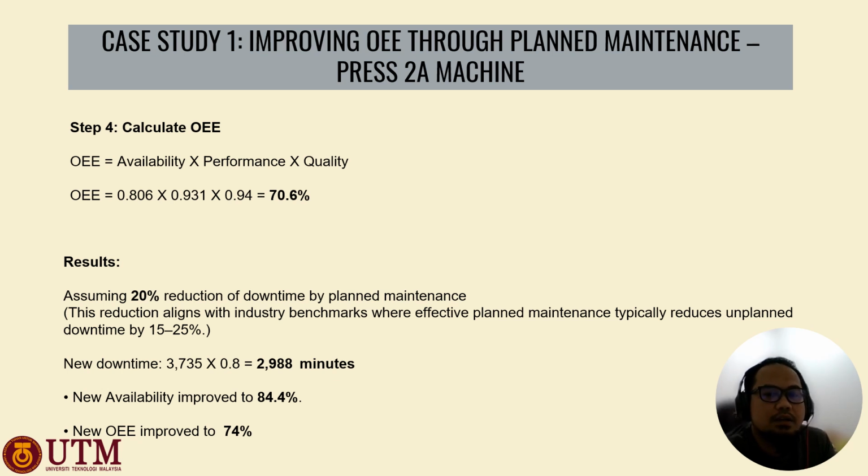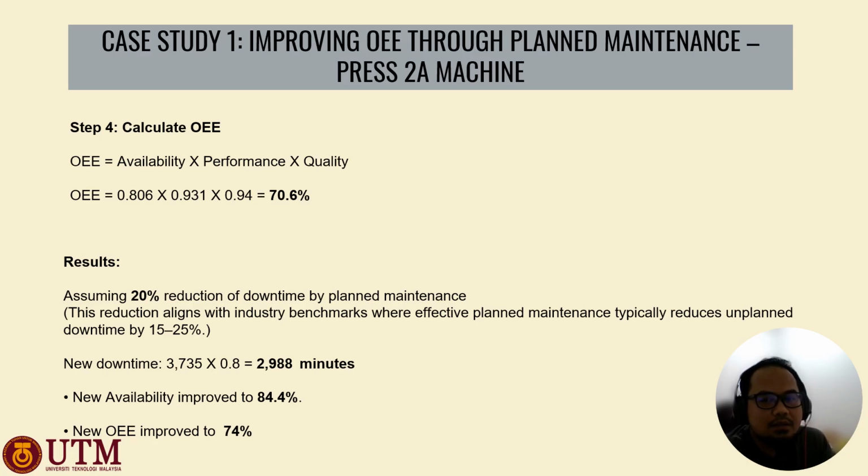Okay. By implementing planned maintenance, we will assume a 20% reduction of downtime. Why do we assume a 20% reduction of downtime? Because the industry benchmark is that planned maintenance typically reduces downtime by 15 to 25%.